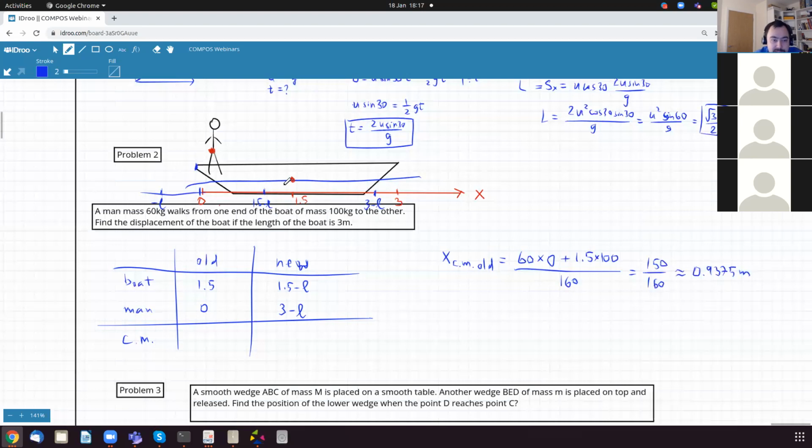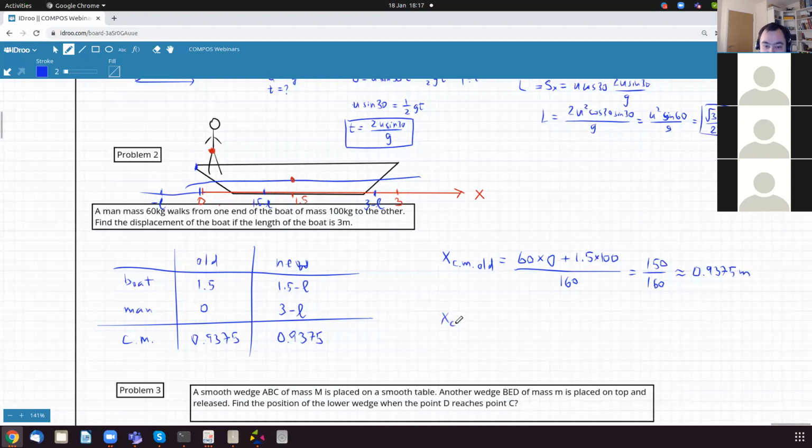That's the initial position of the center of mass of the system. And of course, we need the new position, but the center of mass could not have moved because there are no forces; we can ignore resistive forces. Therefore, the center of mass has not moved. The new position of the center of mass has to be 0.9375 meters.